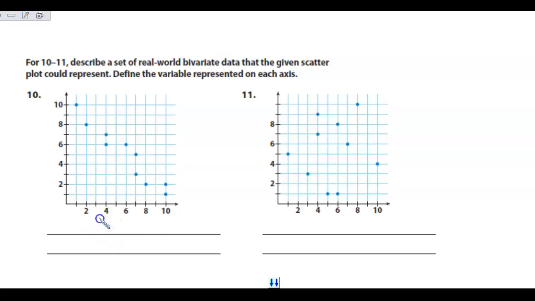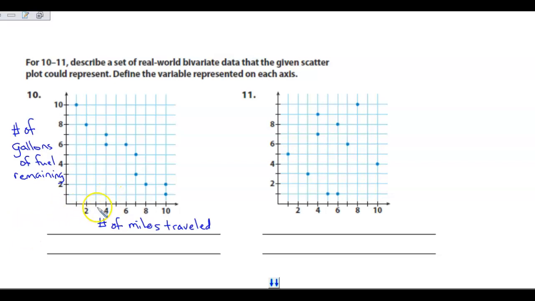We could make this the number of miles traveled, and maybe this is the number of gallons of fuel remaining. Okay.